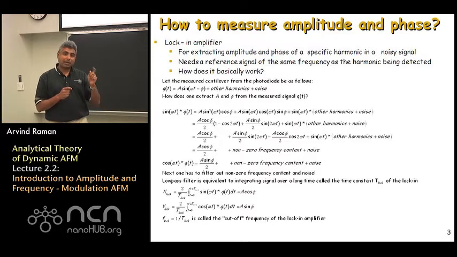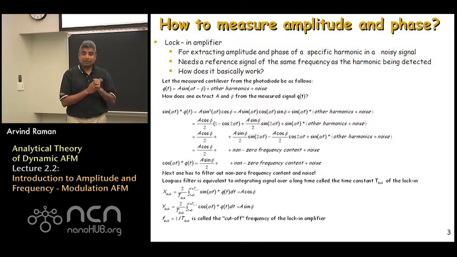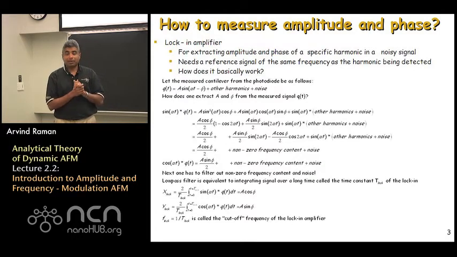Therefore, if I multiply the signal by sine omega t and by cosine omega t, and look at the DC component of the signal, I'm basically getting A cosine phi and A sine phi divided by 2. This is the basic idea of a lock-in amplifier. What really happens is you take the signal, multiply it by sine omega t, and try to filter out all these other noise components to extract the DC component of the signal.